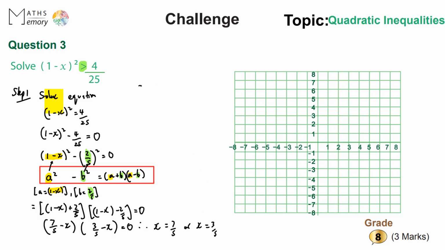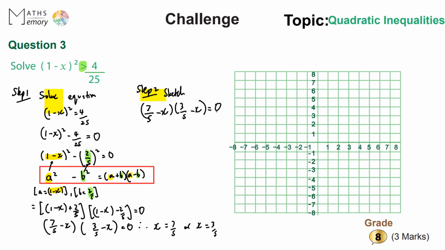Let's do step 2. Step 2 is to sketch this graph, okay? In particular, we want to sketch the graph of this last bit over here: 7 over 5 minus x, 3 over 5 minus x as well, equaling 0.